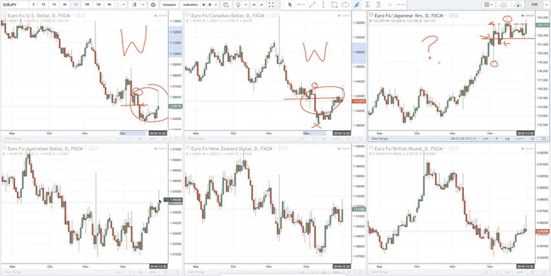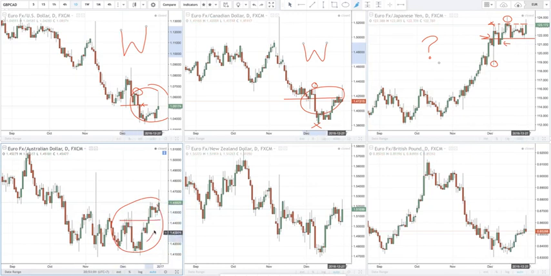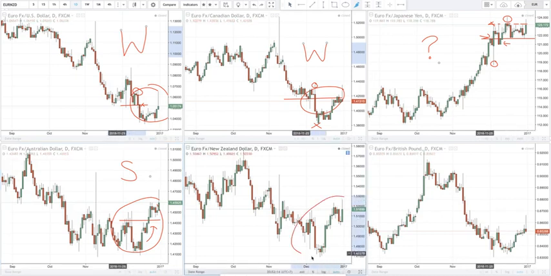Euro Aussie, if I focus on just this much area here, looks like we're in an upward movement. If that's an upward movement, this says Euro strong. On Euro New Zealand here, if I focus on just this much area, same thing.